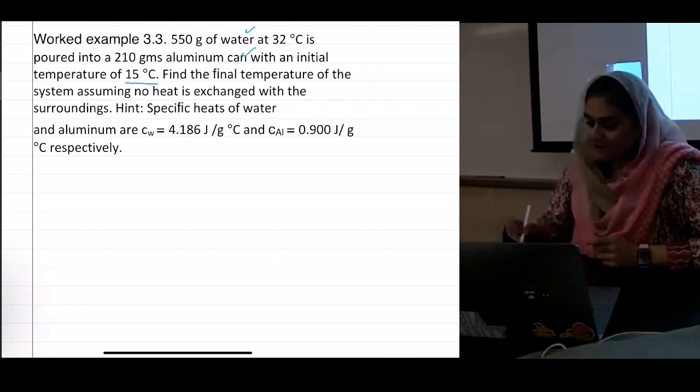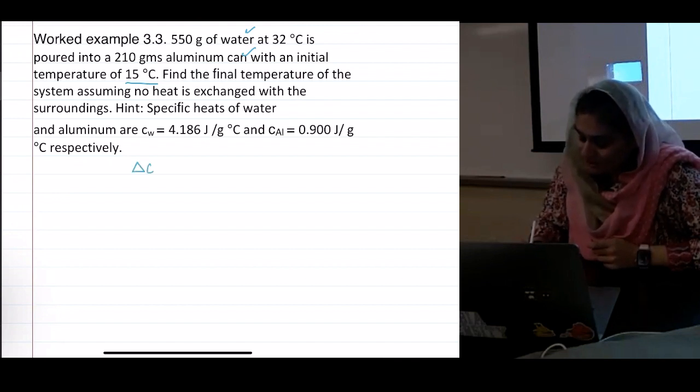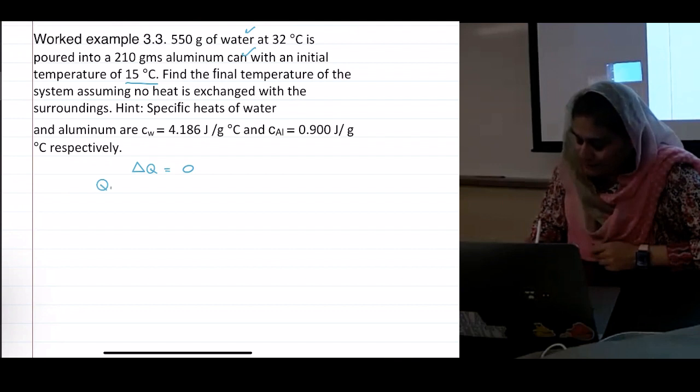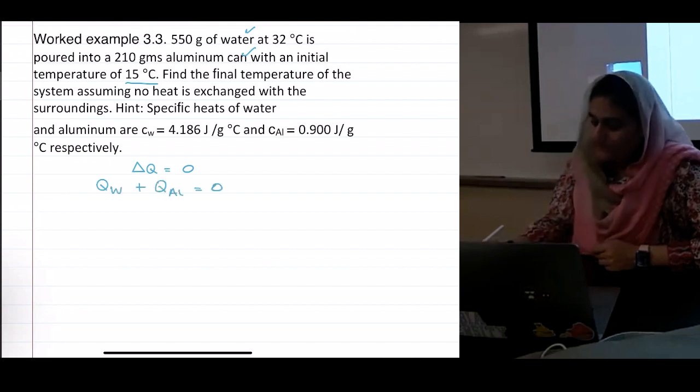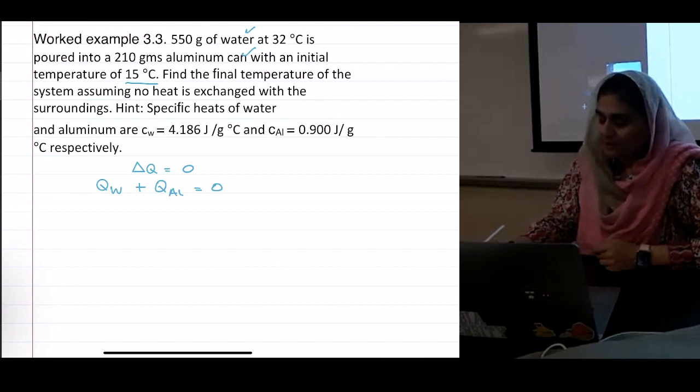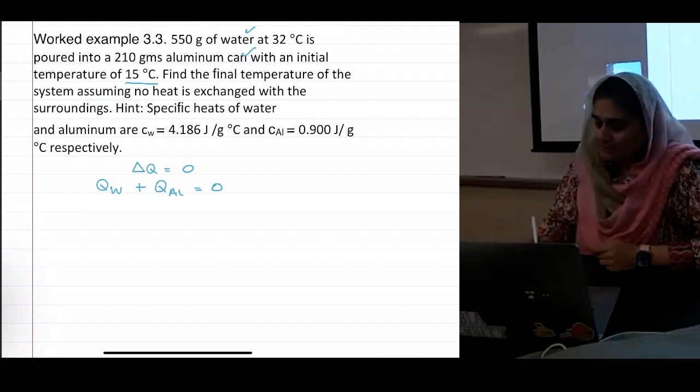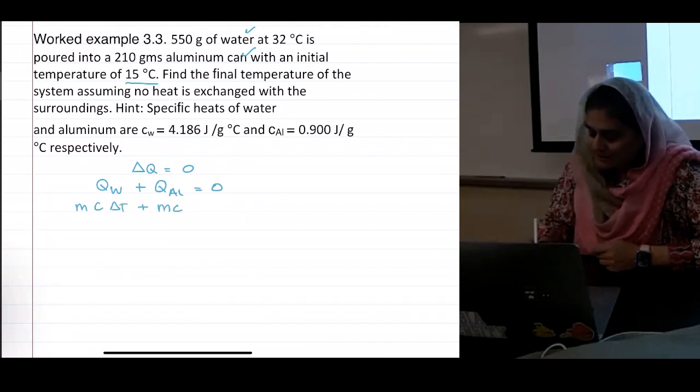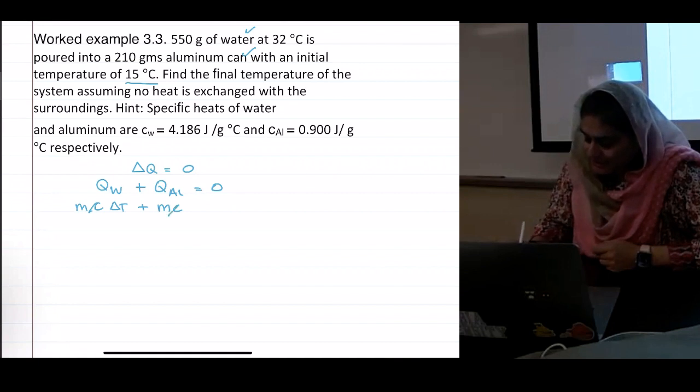And conservation of energy says total dQ should equal 0. So then you should have a Q for water and Q for the can should equal 0. And what is Q? M C delta T plus M little c delta T equals 0. These are all little c's.